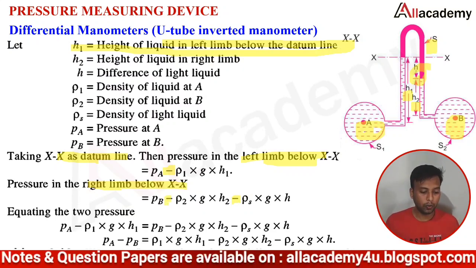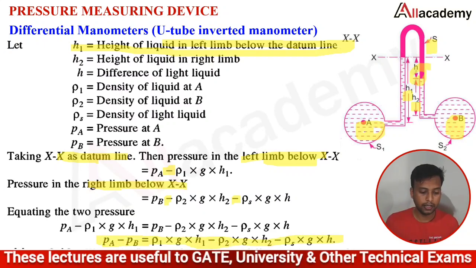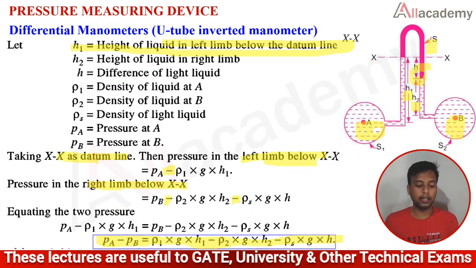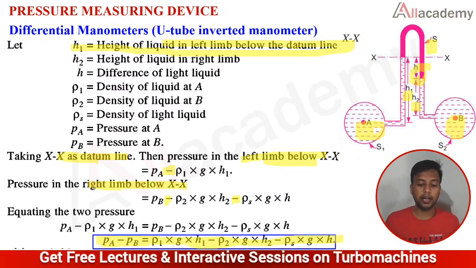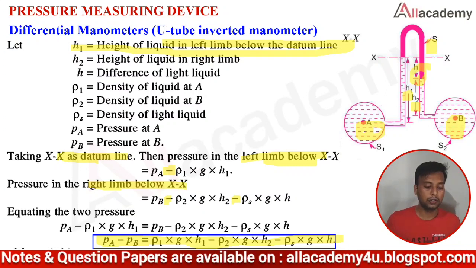Okay. Now if I equate these, I will get a final equation, that is PA minus PB. So whatever final equation you are getting, it is the difference in the pressure at A and B. It is not the exact pressure of A or B. It is a difference of the pressure, that I will get by equating these two equations.